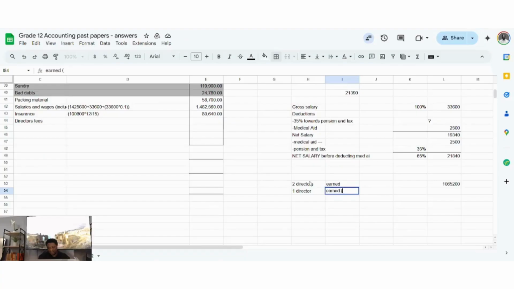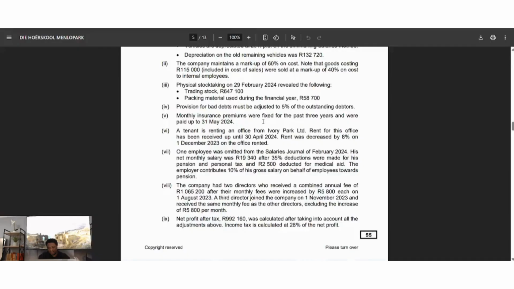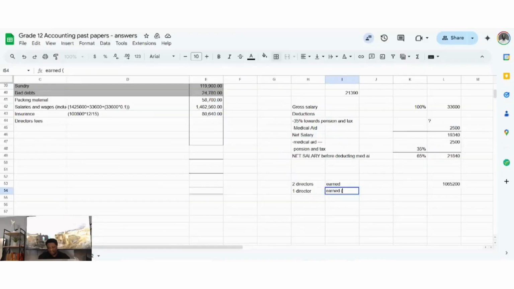The other director would have earned, I think it was from November. So they earned November, December, January, February. So they earned for 4 months in the current year, multiplied by their salary, and then we need to work out this salary.